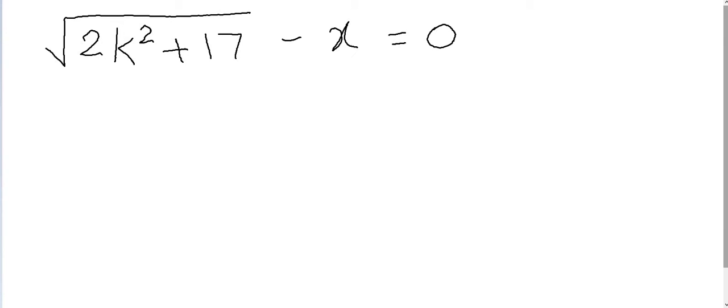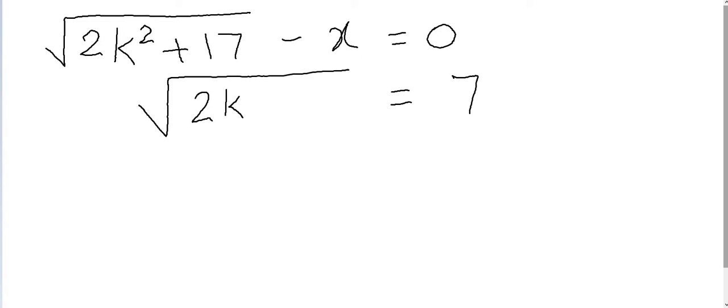Now x is given as 7, right? So minus 7 becomes a plus 7, and on the left side you have 2k square plus 17.